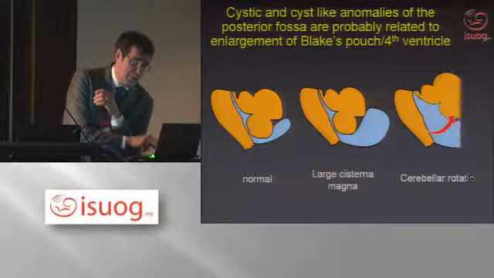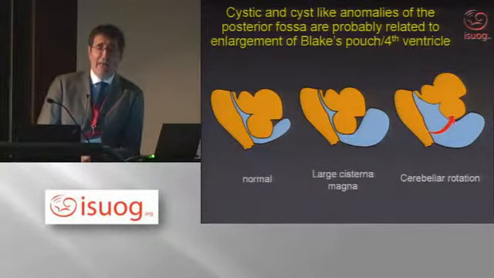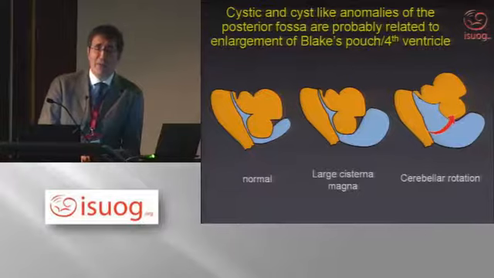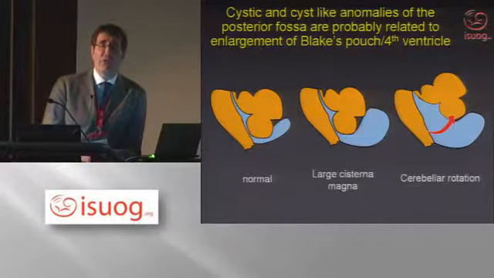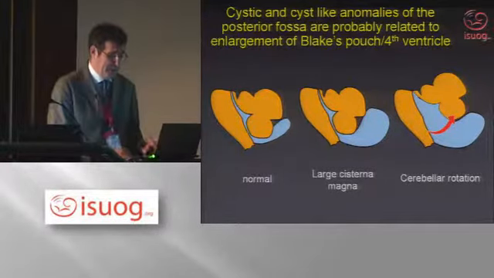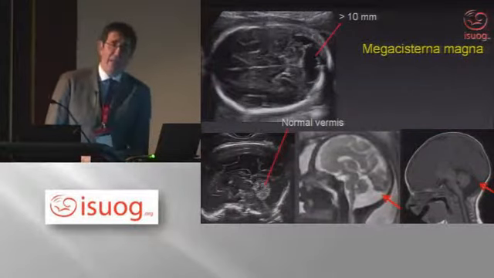And sometimes what happens is that this Blake's pouch is distended simultaneously with the fourth ventricle, and this pushes up the cerebellar vermis. It causes what the neuroradiologists say a cerebellar rotation, which is an upward displacement of the cerebellar vermis. Megacisterna magna.